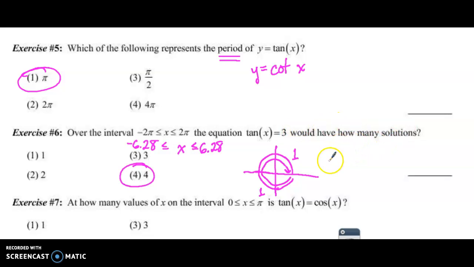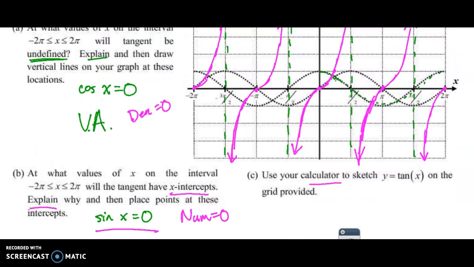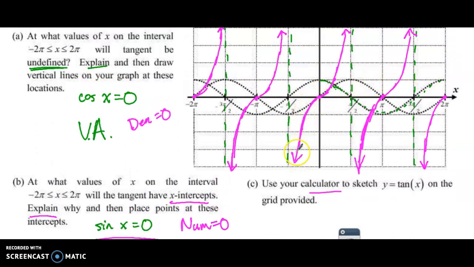I think it's also important, because I mentioned in the first video, that tangent, from geometry, if I call that theta, is equal to opposite over adjacent, so SOHCAHTOA. There's no limitation on what tangent can equal, because the opposite could be larger than the adjacent, or the adjacent could be larger than the opposite. So that's why, if I go back to my graph, there's no limitation on what tangent can equal.